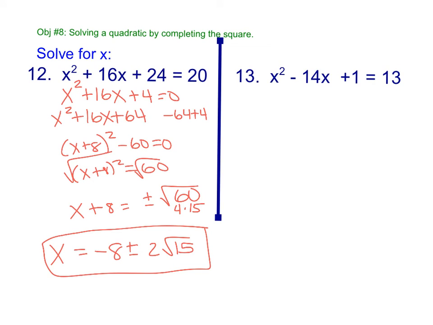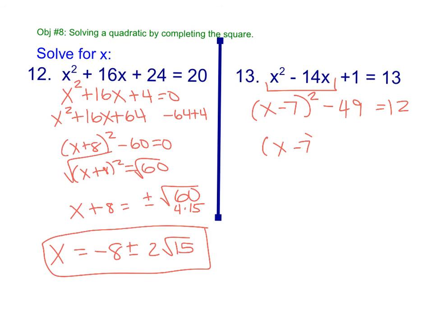So what a lot of teachers do when they teach this, they only have you have this on one side. And they move the 1, so they'll make this a 12. So then half of 14 is 7, so then you have x minus 7 squared. And then we have to subtract off that 49.